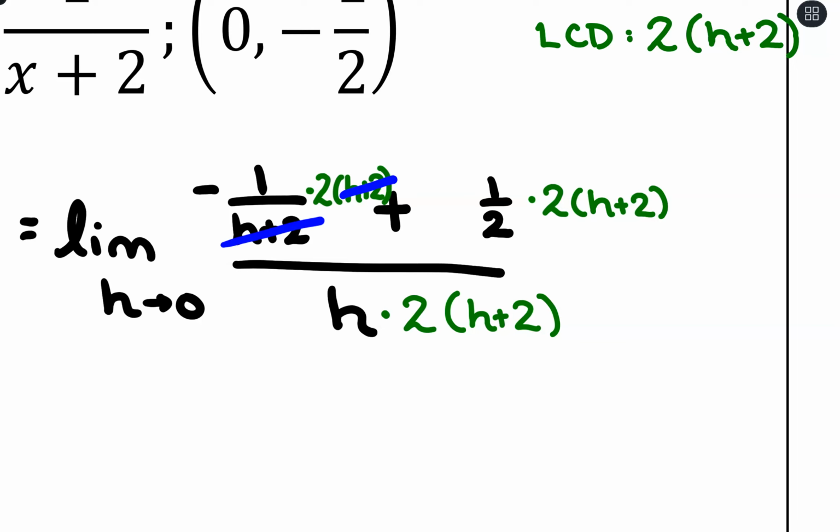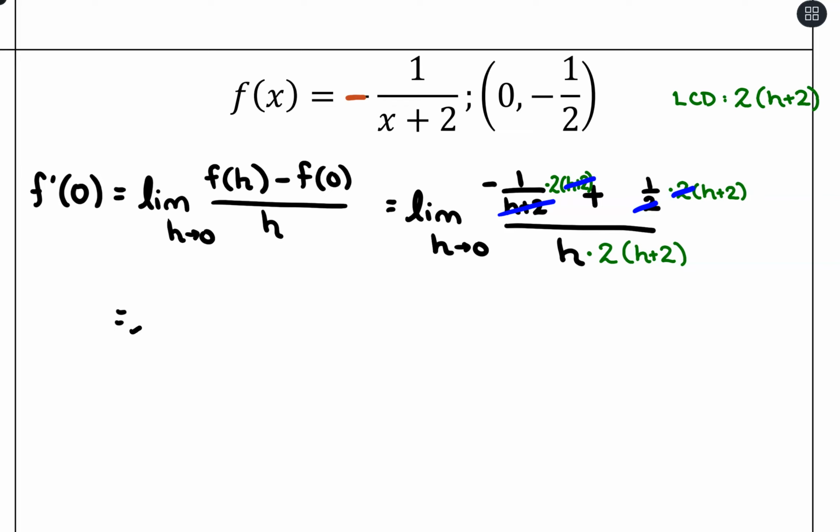So h plus 2's cancel, 2's cancel, so that we're left with negative 1 times 2, so negative 2, plus a 1 times h plus 2, all over 2h times h plus 2.